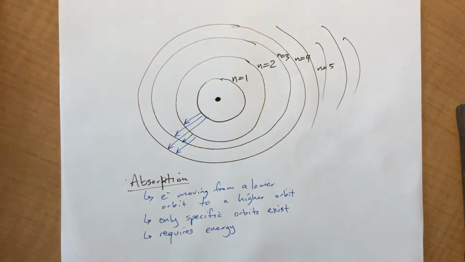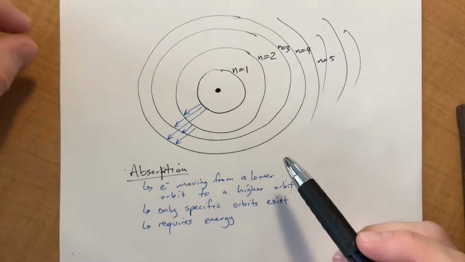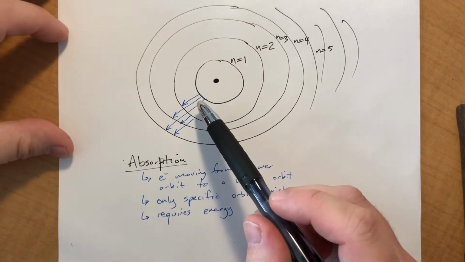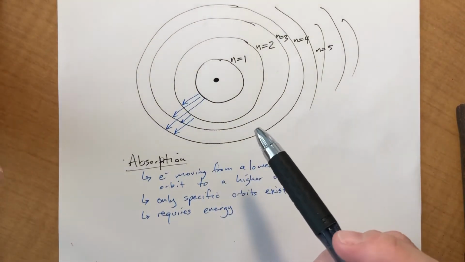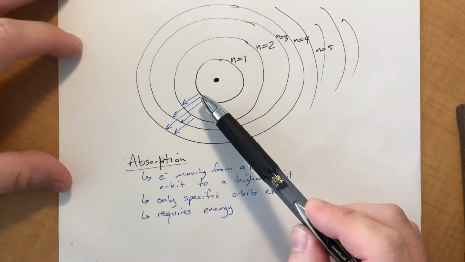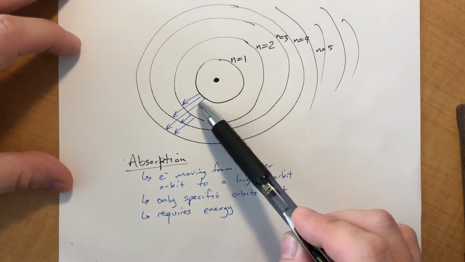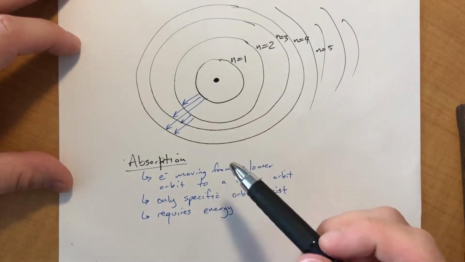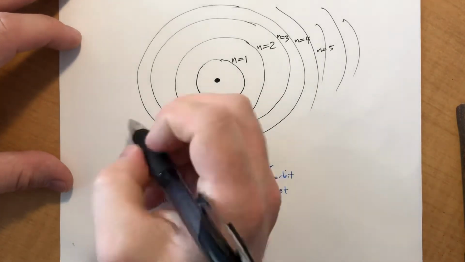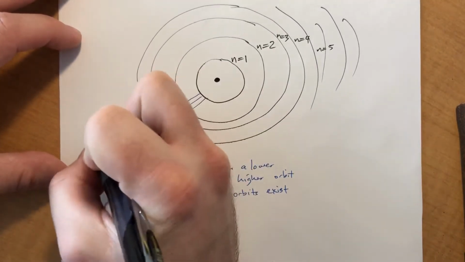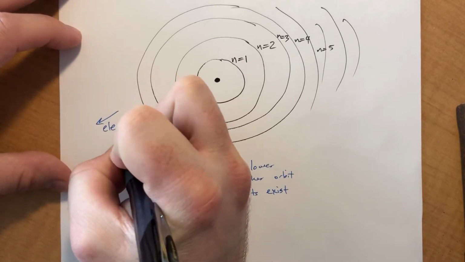But the idea is that if you had a line spectrum for an atom, the individual lines you're going to see correspond to very specific electronic transitions. It's called an electronic transition when you're going from one orbit to another. So these little arrows are called electronic transitions.